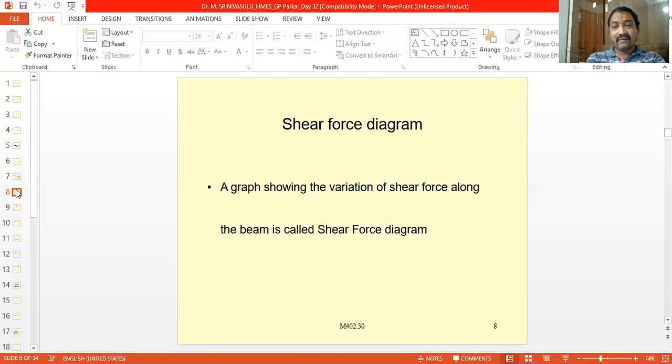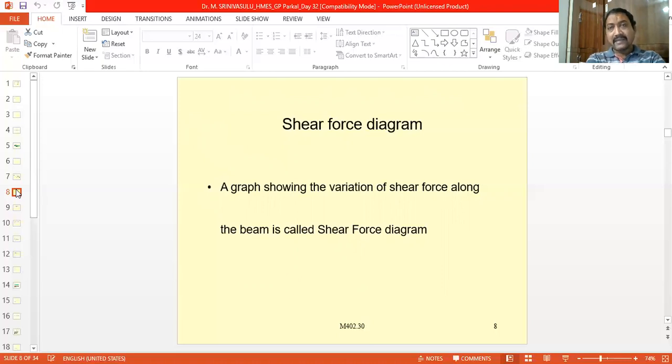Generally, along the length of the beam, the magnitude of the shear force acting may change from one point to another. Generally, it will not remain the same, it will change at certain points.